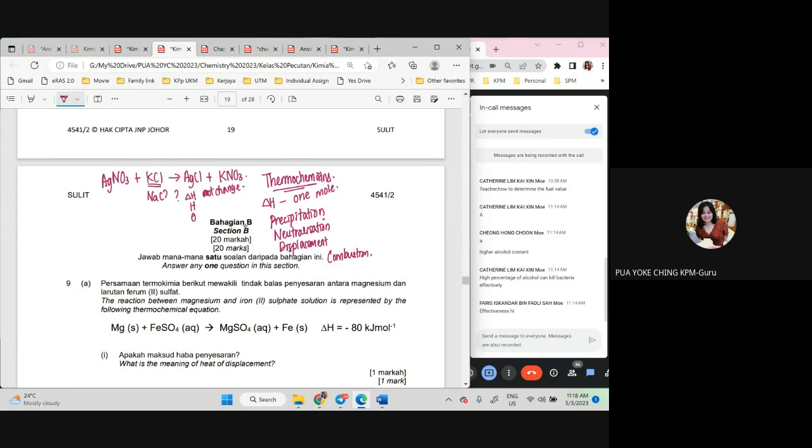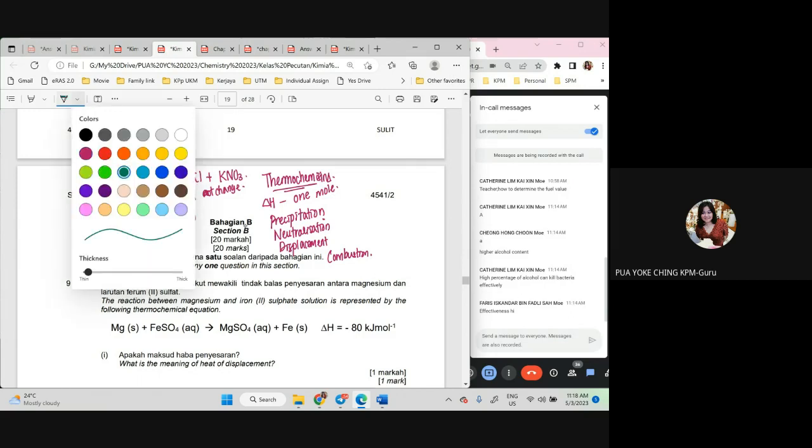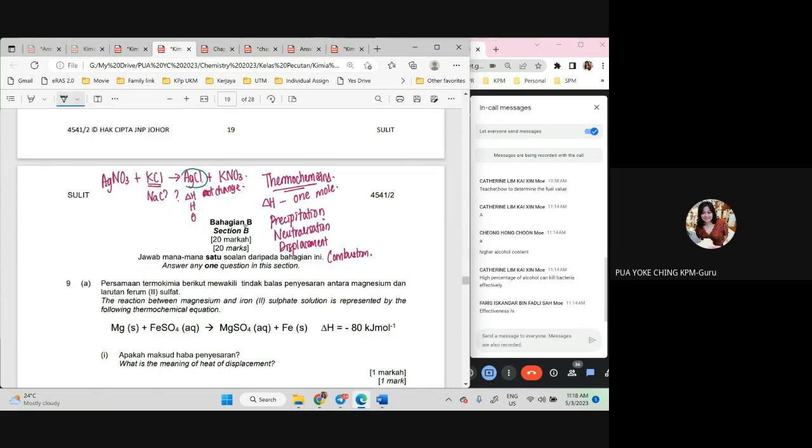Sebab heat of precipitation we only refer to the AgCl. Dalam KCl, yang kita nak hanya Cl saja. NaCl, Cl saja. K plus, Na plus do not involve in precipitation. You nak AgCl je kan? Dalam AgCl, perlu tak K plus? Perlu tak Na plus? Tak perlu. They act as spectator ions. Okay, ini untuk precipitation.